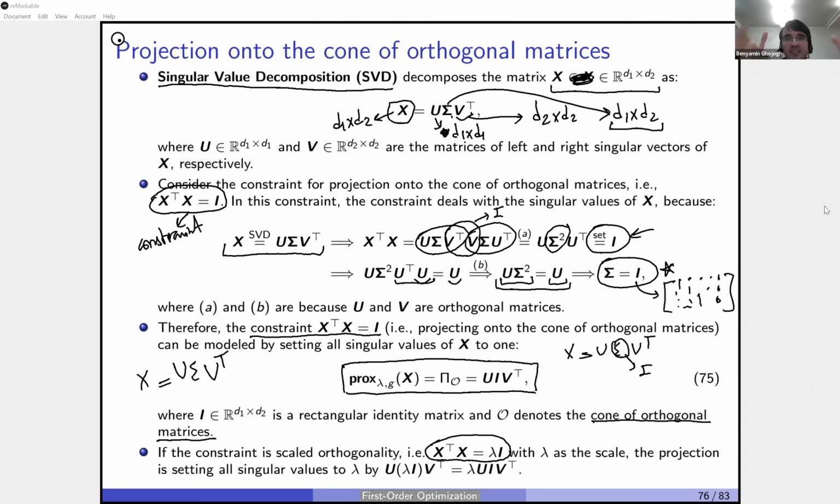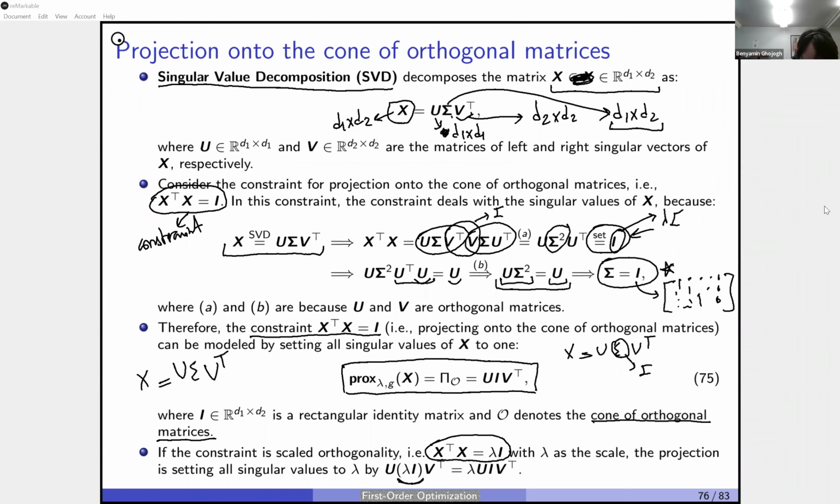Therefore X transpose X might be lambda I. Then if you put lambda I in the right-hand side here, you will see that your singular values must be lambda, lambda times the identity matrix.